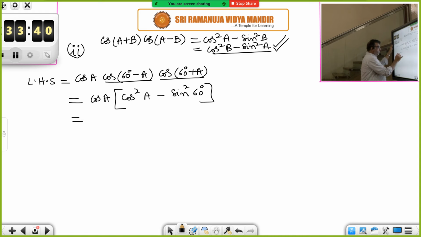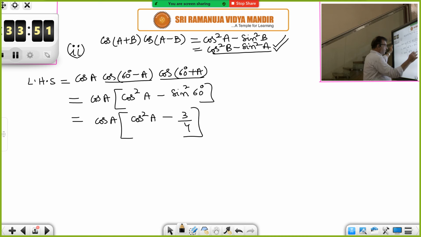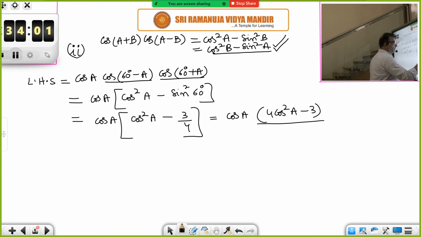So cos A, cos square A. What is sin square 60, Madhuri? 3 by 4, sir. Right. So cos A, if you take LCM, you will get in the bracket 4 cos square A minus 3, whole by 4. Now this cos A goes inside this bracket.